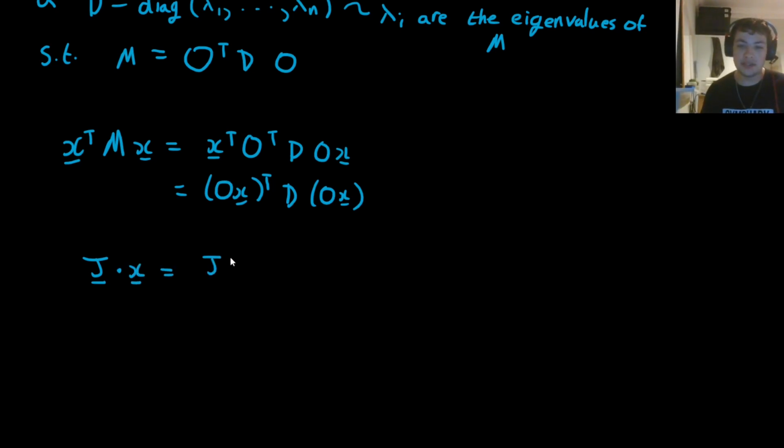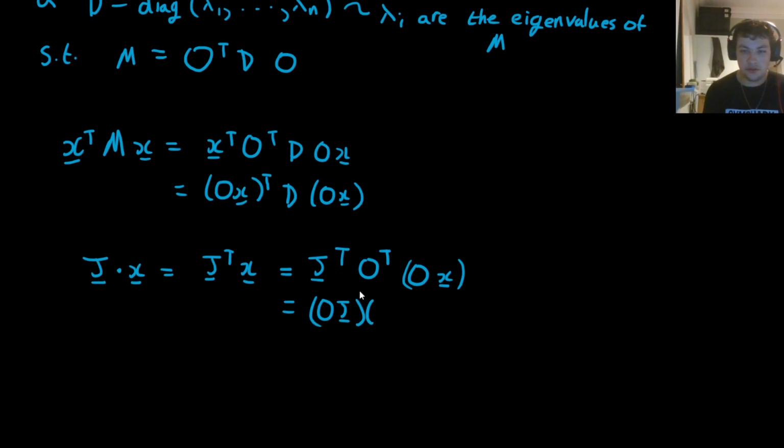Well, we can write that as j transpose times x, because x is a column vector, j is a column vector, j transpose is a row vector. When we matrix multiply them, we end up with a number. It's the dot product. Then we can stick in an identity in here, O transpose O, so we have (Oj) transposed (Ox).